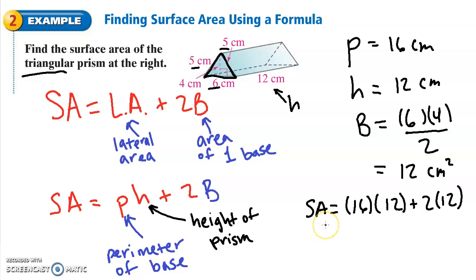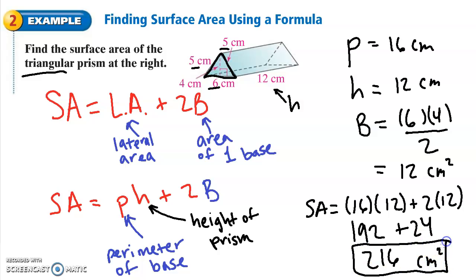Because we are in chapter 10, we can use calculators. 16 times 12 is 192. 192 plus 2 times 12, which is 24. 192 plus 24 is 216 centimeters squared, because we're talking about surface area, and area is square area.